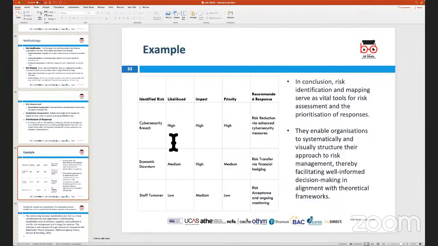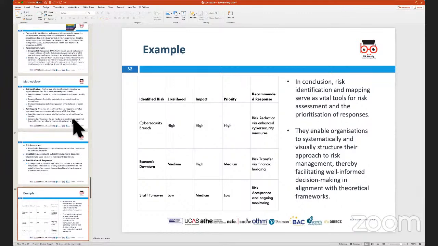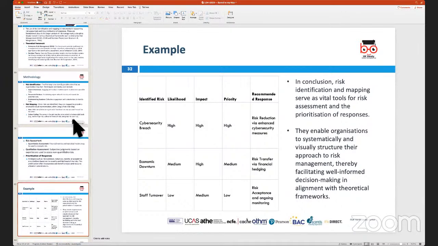And in this case, the IT team would need to look at risk reduction by employing tools and techniques which will allow its infrastructure to be robust enough to meet that particular threat. And that would be an example of how you would deal with a risk at the enterprise level, or organization-wide level.